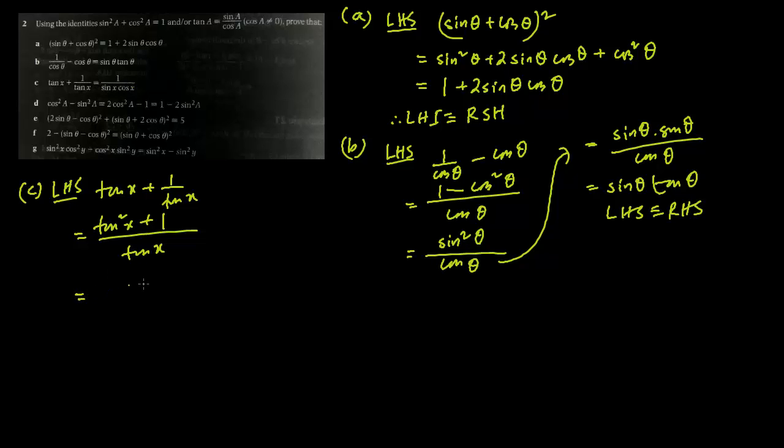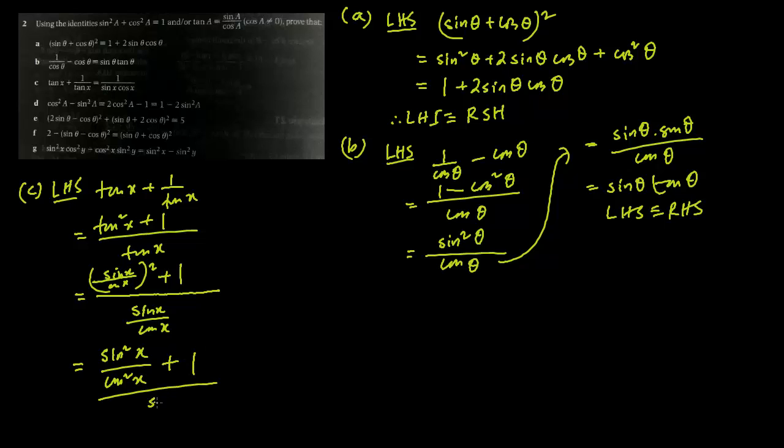Okay, so what we can do is write tan x as sine x by cos x, and tan squared x as sine x by cos x whole squared, plus 1. So we can write it as sine squared x by cos squared x plus 1, and downstairs we have sine x cos x.